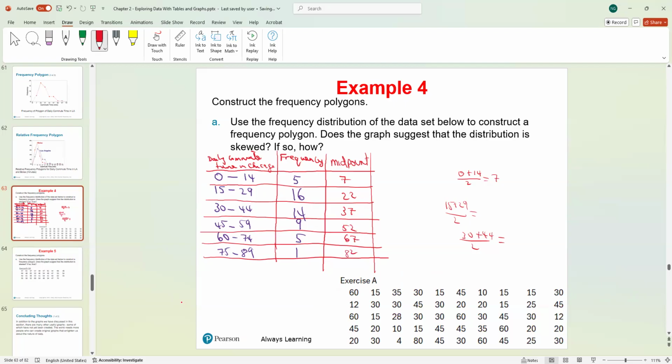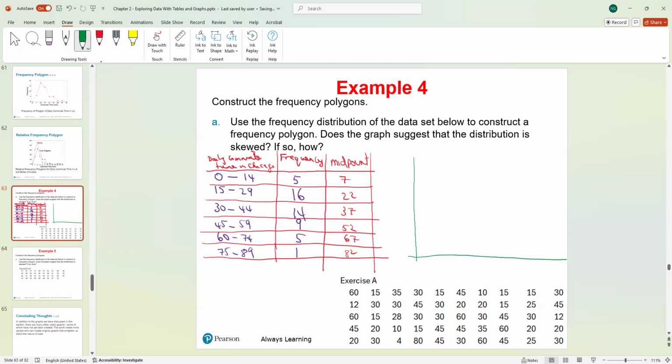But we can also use the frequency distribution to construct a polygon. So we can do it with the frequencies. All right, this is what we're gonna do. Our goal is to construct a polygon. On the horizontal axis, don't forget you're going to have the class intervals.